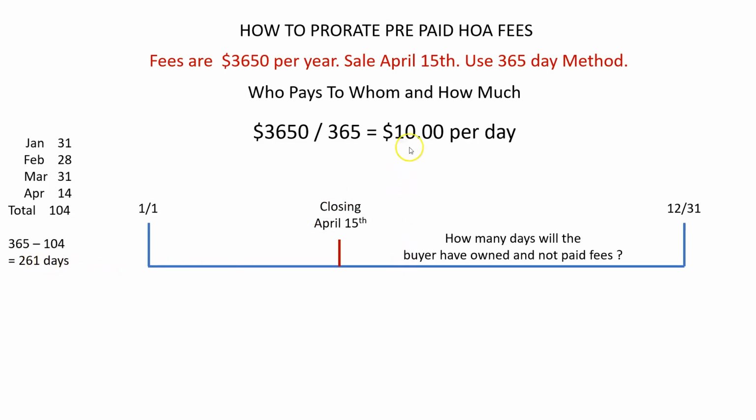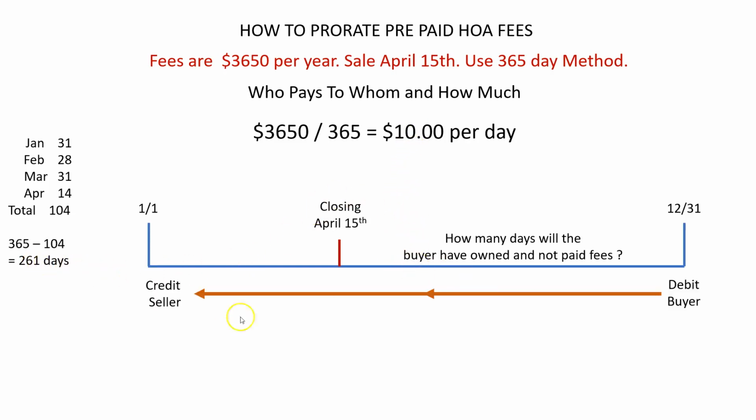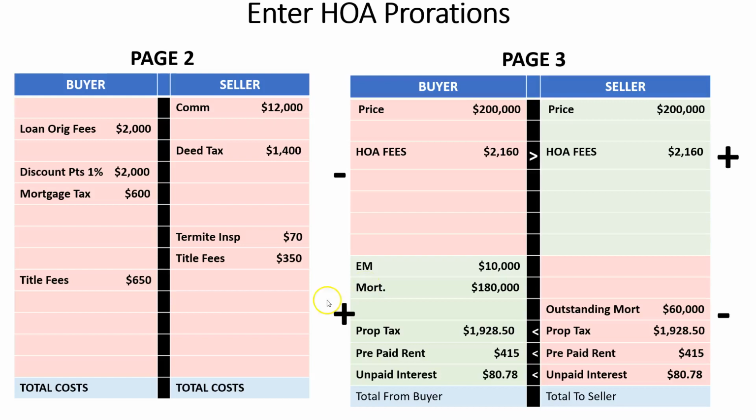And therefore, at $10 a day, the buyer is going to have to give the seller $2,610. And in that particular case, that would be up here because it's going the other way. HOA fees $2,610, with the HOA fees going from the seller to the buyer. I know the buyer and the seller are opposite on my little diagrams, but that's the way it came out.